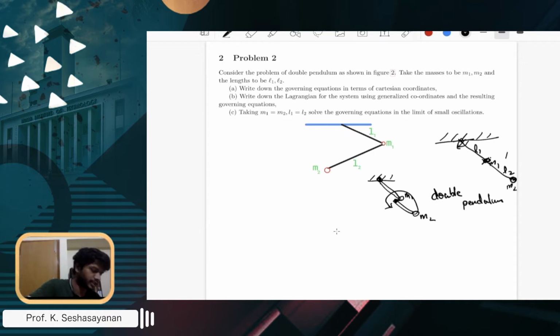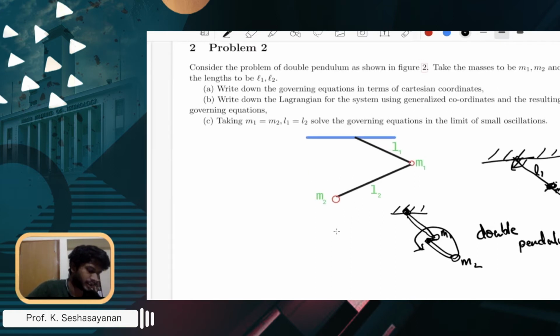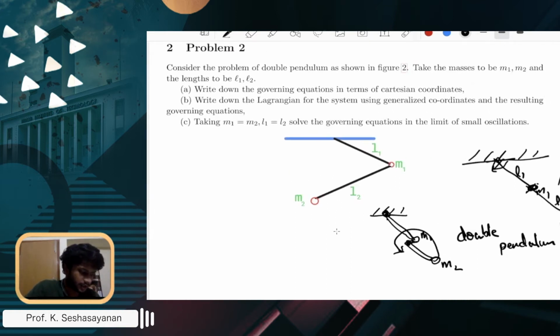So let's go to the question. Consider the problem of double pendulum as shown below. Take the masses to be m1 and m2 and the lengths to be l1 and l2. So first, you have to write down the governing equations in terms of the Cartesian coordinates.